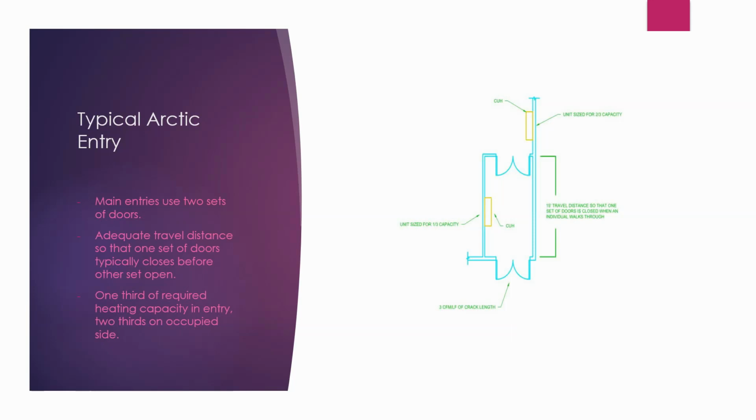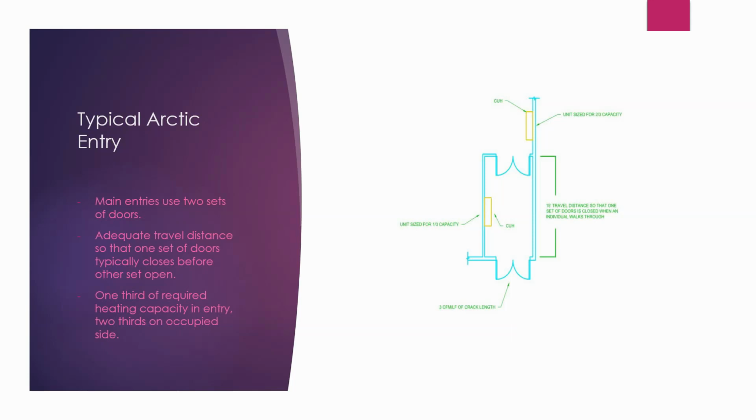Now, that amount of BTUs is significantly higher than your typical conduction and infiltration through this entry. And so what you do is you take that calculated value and you assign 1/3 of it to the cabinet unit heater in the entry, and on the other side of that entry you put 2/3 of that value.